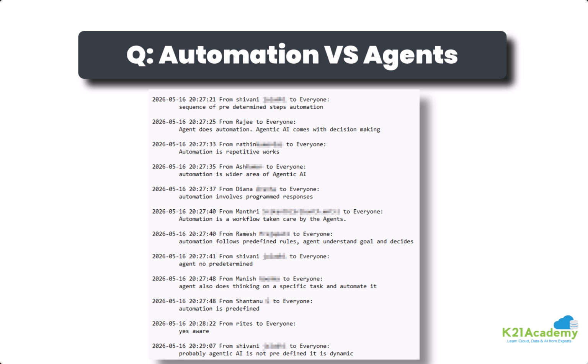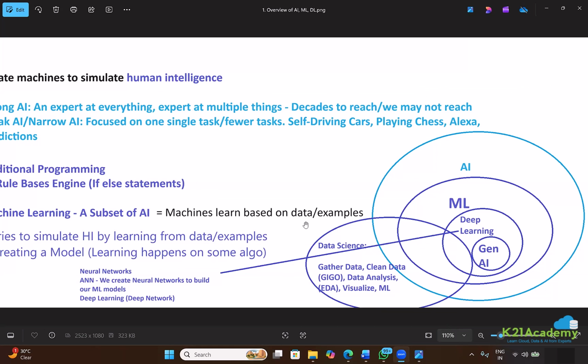I don't know how many of you know tools like RPA, robotic process automation, or how many of you know Microsoft Power Automate, or there are so many online tools available for automation like make.com, n8n, and all of that, where you can do a process automation easily.